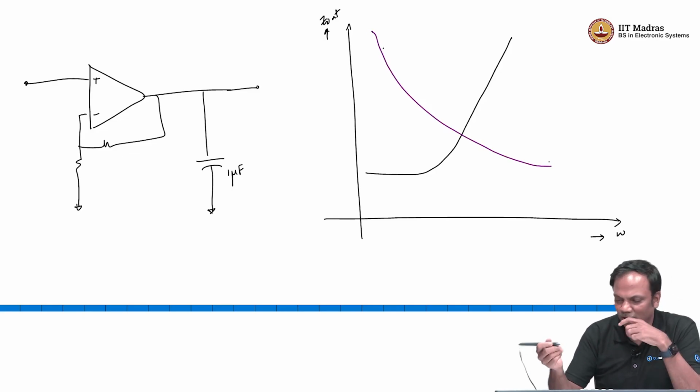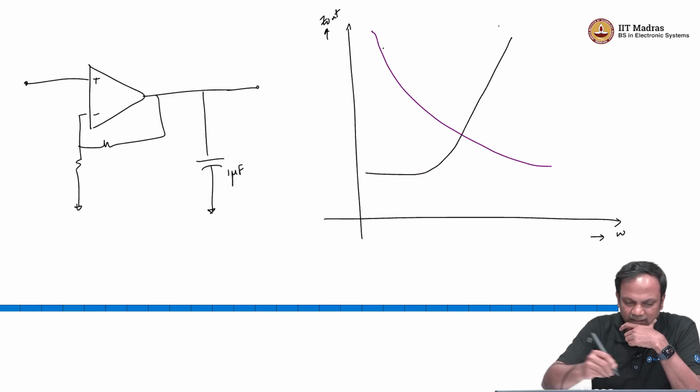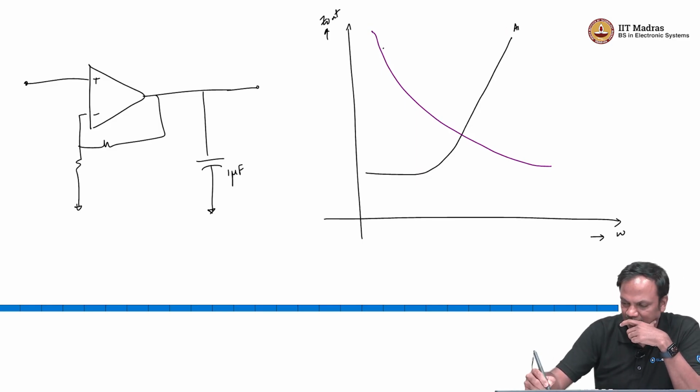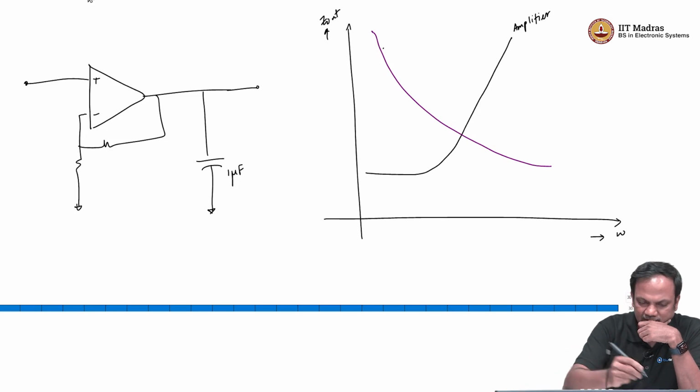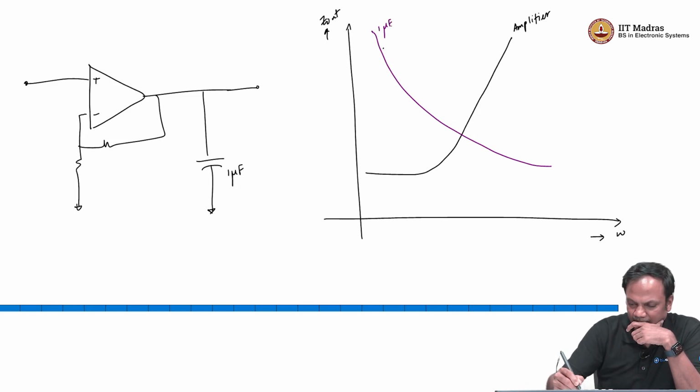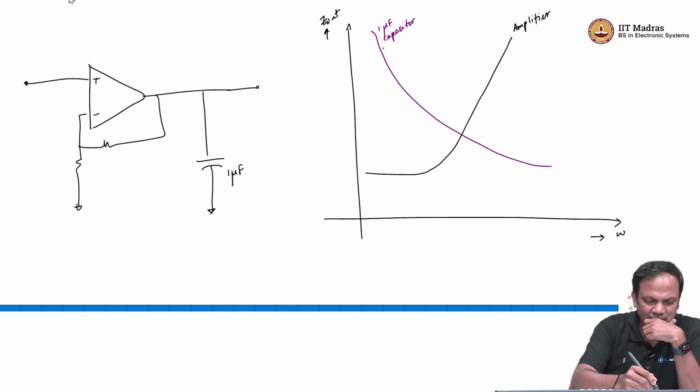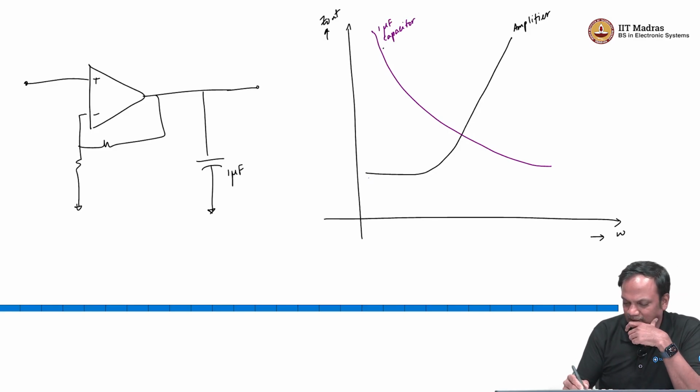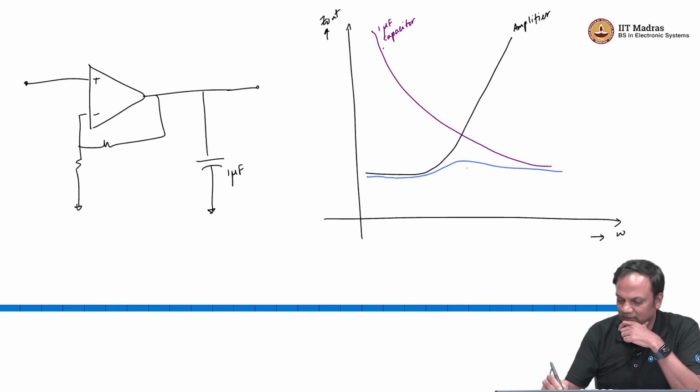So, this is just the amplifier, and this is the 1 microfarad capacitor. So, you can argue that now the output impedance will do something like this. This is the Z out effective, right.